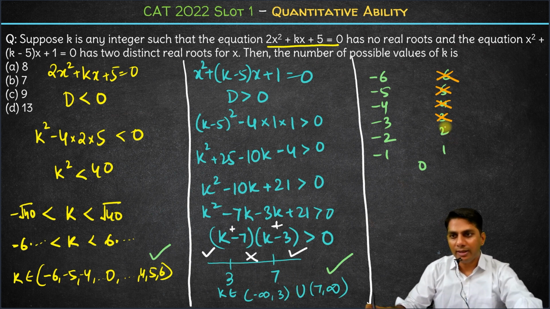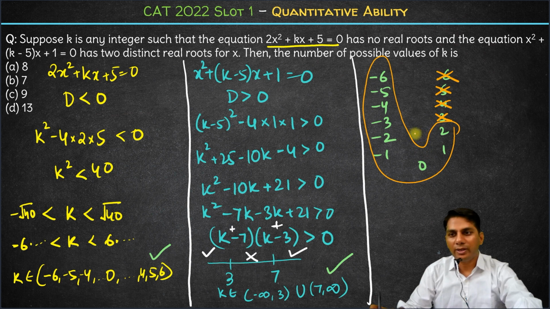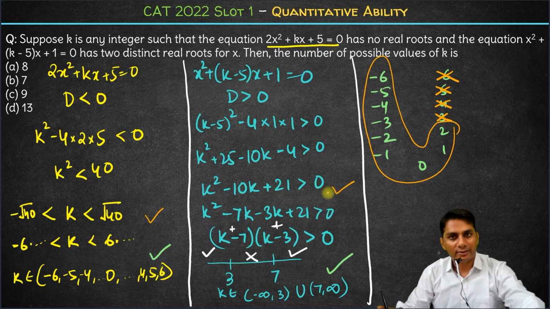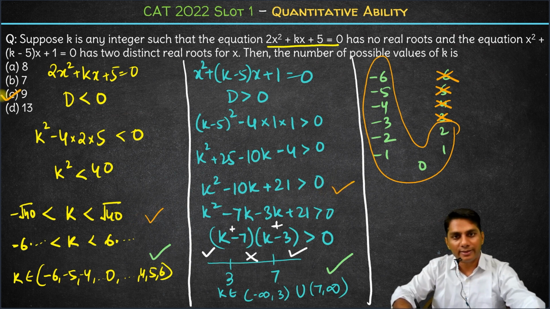So any number less than 3 till minus infinity, all these numbers are acceptable. So how many of these numbers are there? 6, 7, 8, 9. So there are 9 values of k which are integral and satisfy both this as well as this quadratic. Hence option C here is the right answer. Thank you.